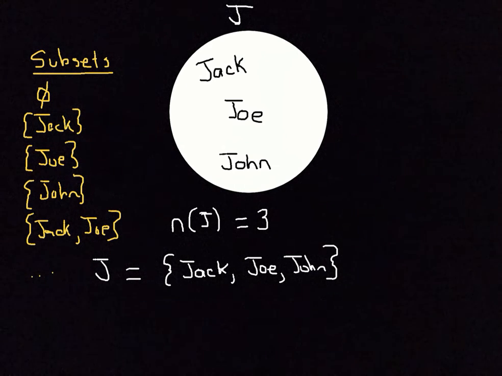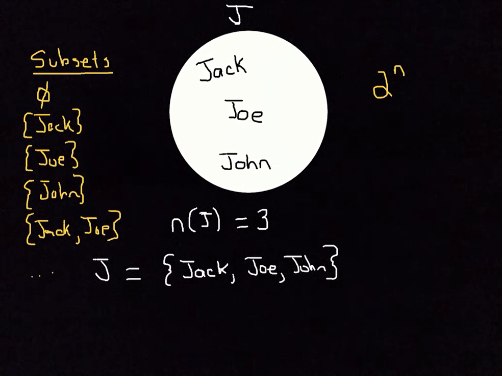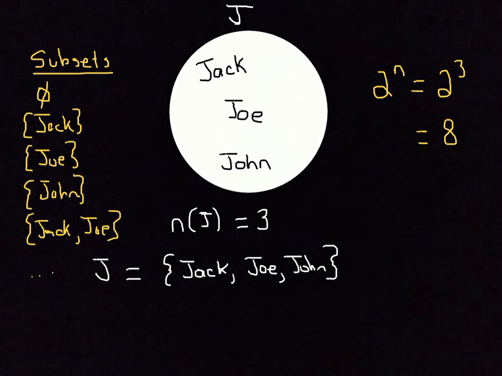So there is a way to figure out how many subsets a set would have, and that's simply 2 to the n power, where n is your number of elements. In this particular problem, there would be 2 to the third, which is 8. There are 8 different subsets that can be formed. Again, let's go over those. You've got the empty set, that's 1.